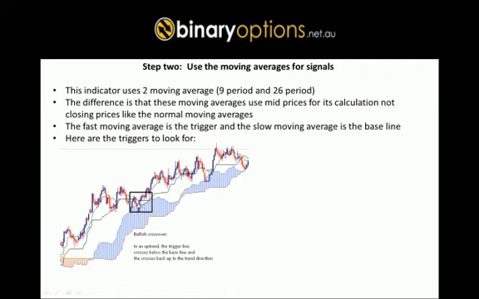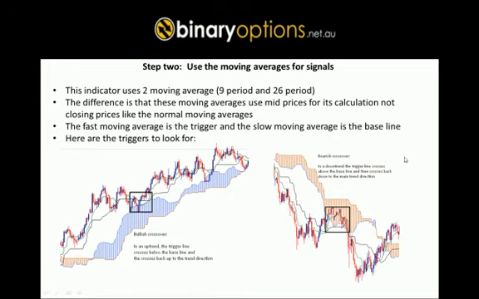When it crosses below the baseline and then above the baseline, you have a trigger to buy calls. Contrarily, if you are in a downtrend and the trigger line crosses above the baseline and then crosses below again to follow the main trend, you have a signal to buy puts on whatever instrument you are trading.